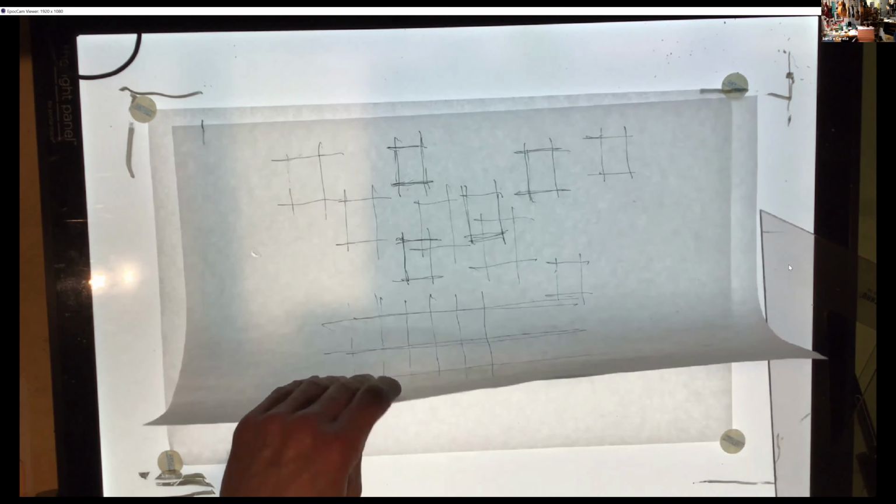How big should these be? Well, if I have an 8.5 by 11 piece of paper, which I should be able to manage to find somewhere.